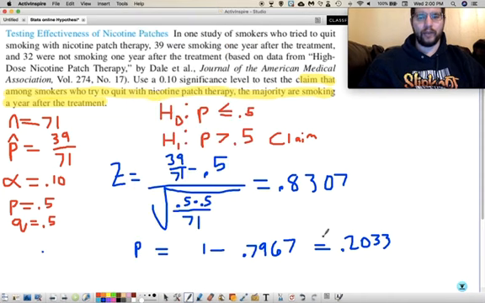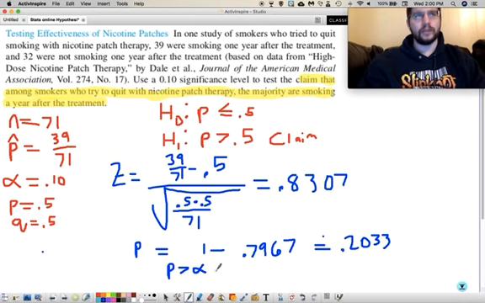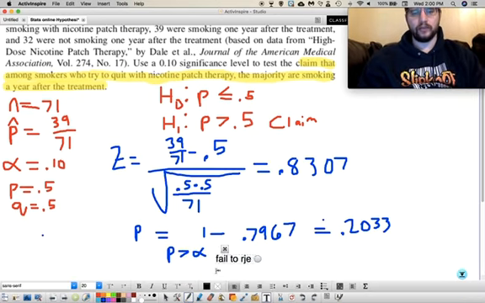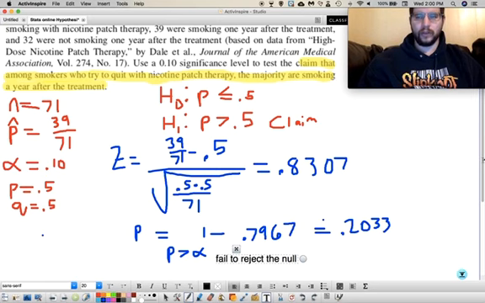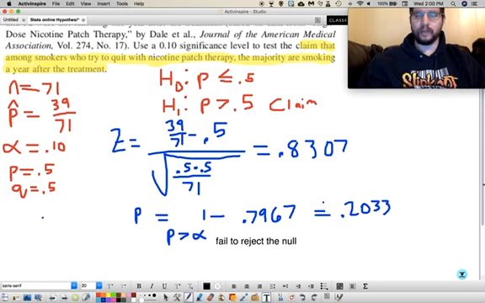Regardless, that P value is greater than alpha. So we fail to reject the null. Where's our claim? The claim is in the alternative.